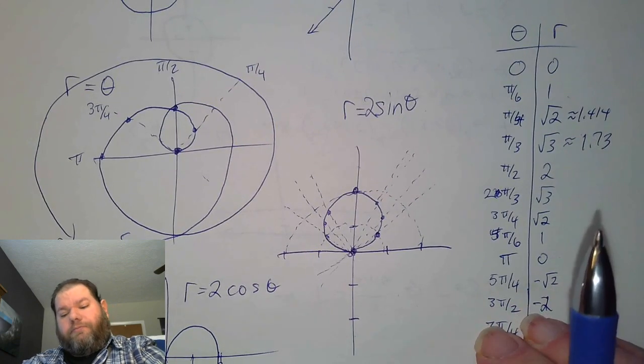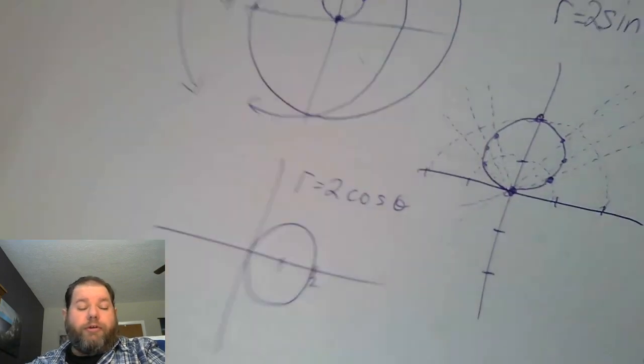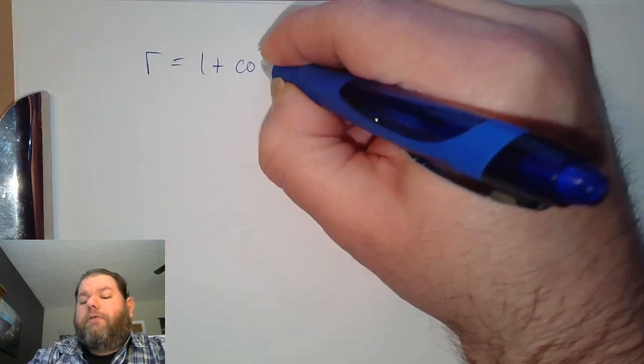Now, after that, things start to get a little weirder. Those are like our basic ones. What if we said r equals 1 plus cosine theta?